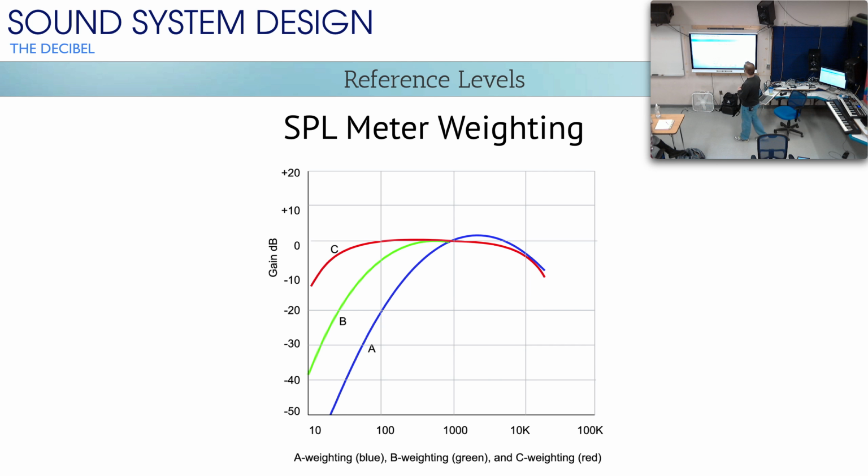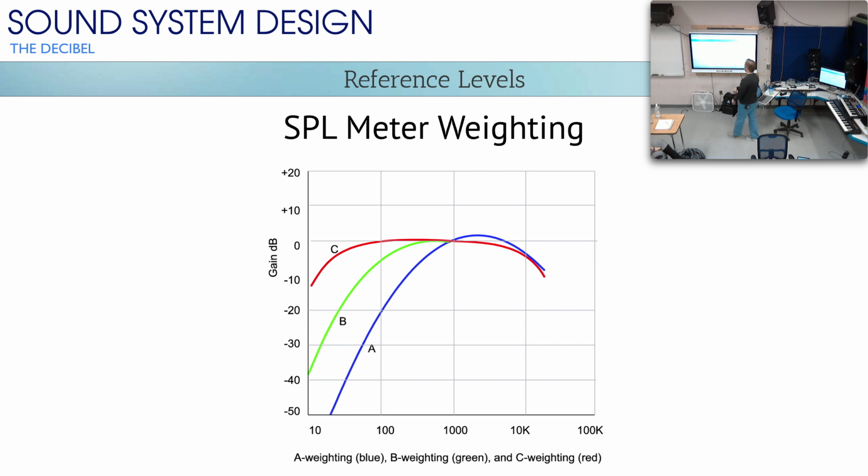Okay? So the A curve corresponds roughly to the frequency response of our hearing at low levels. This blue line is how we hear things that are quiet. The green line, the B weighting, is how we hear things that are average level, just comfortable listening level, as David Moulton says.